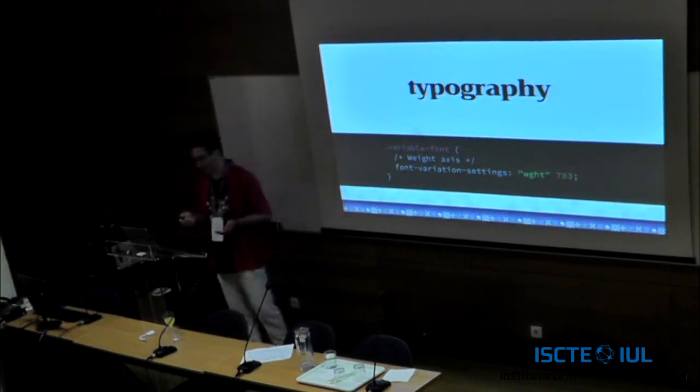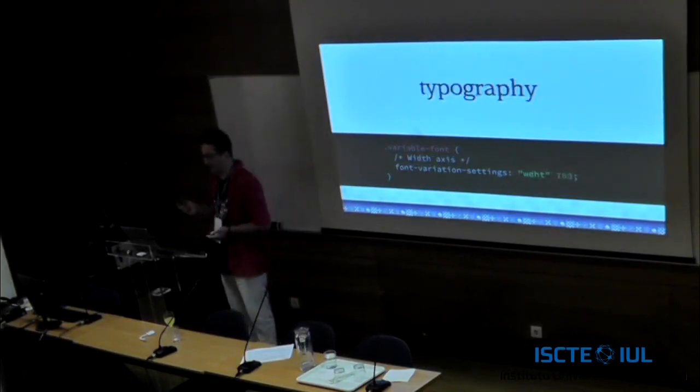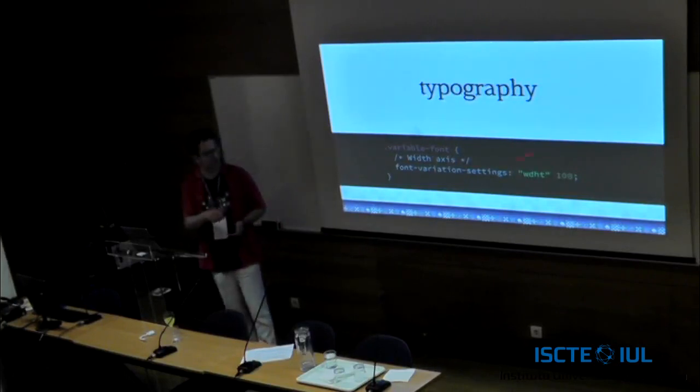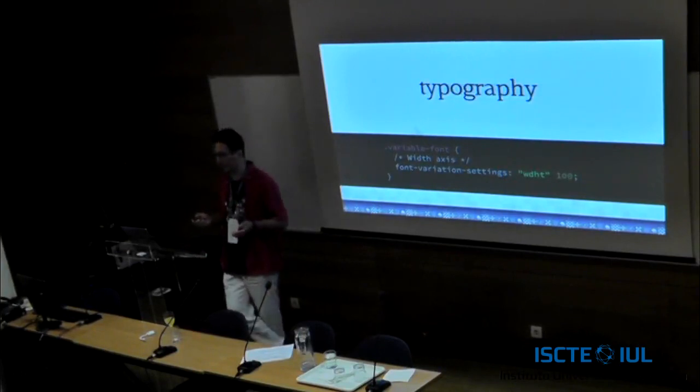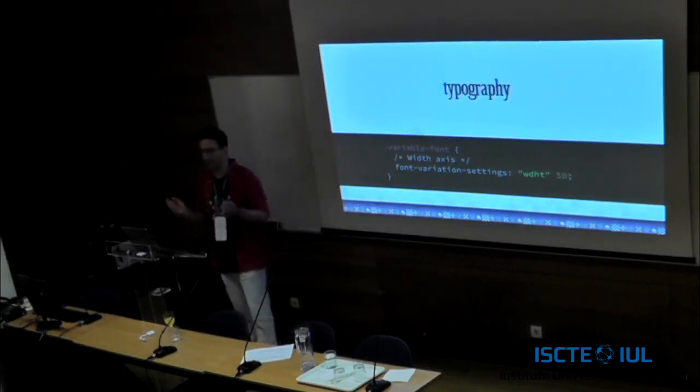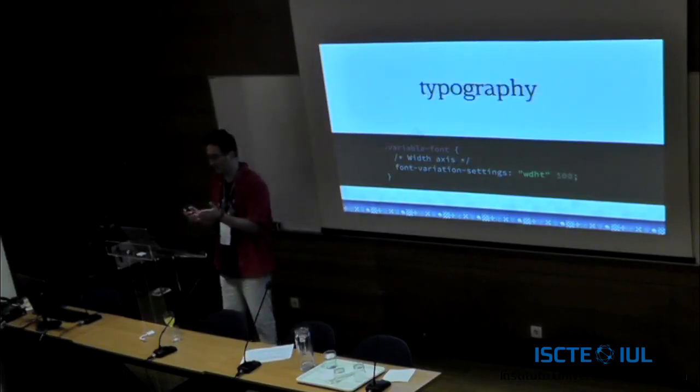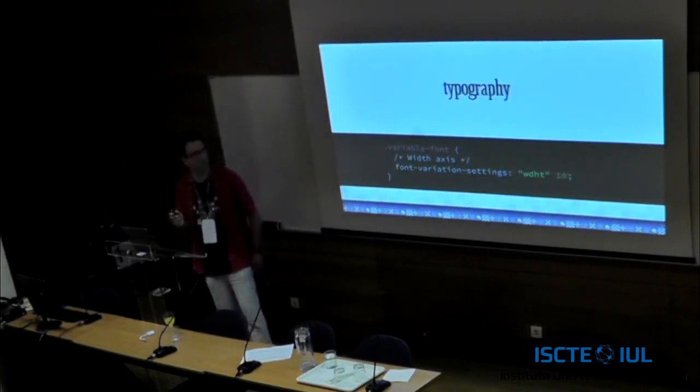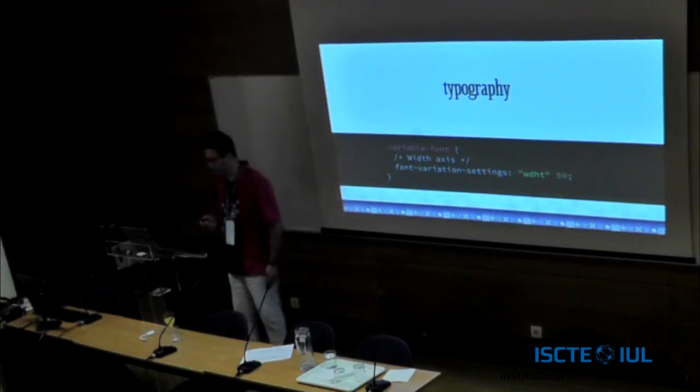This is the weight axis of the font. Also, we have a width axis with another 4-character tag and the value. The width is set in percentages. 100% is the normal version, so 50 is a condensed version. That's it. Normal and the condensed version.